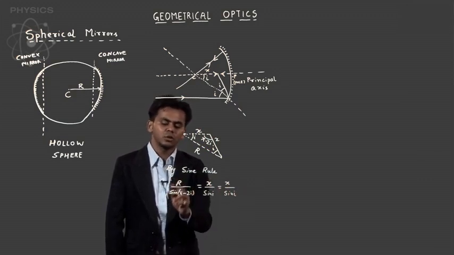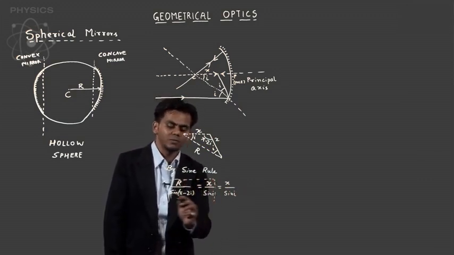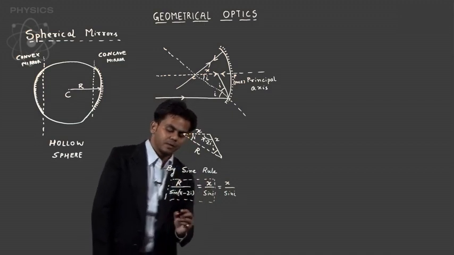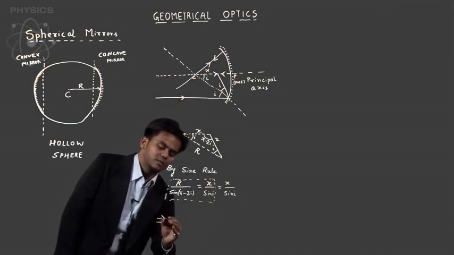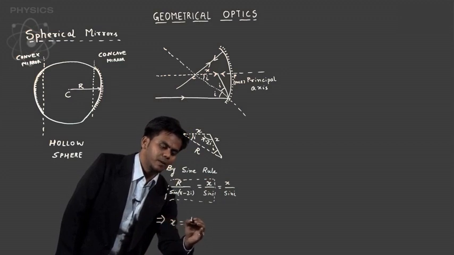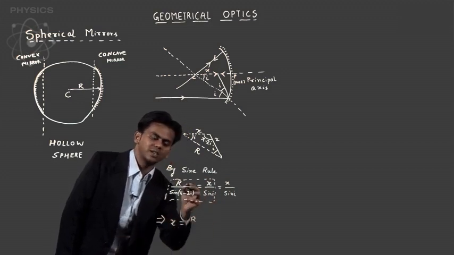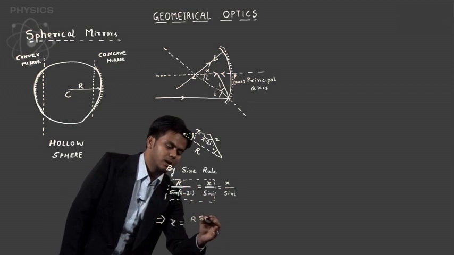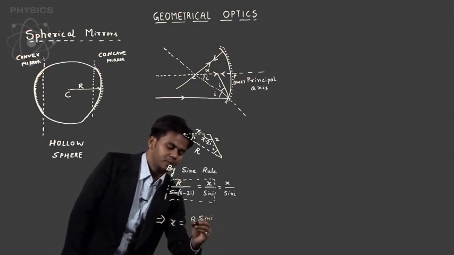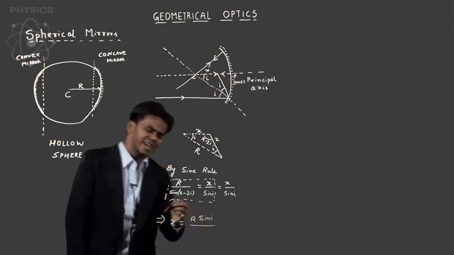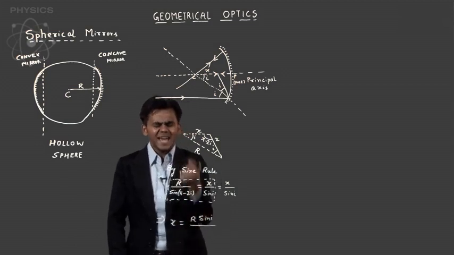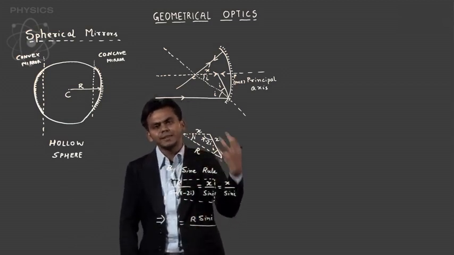So essentially what you have is a relation between R and x. If you carry this out, what you get is x is equal to R sine I upon sine of pi minus 2i. Sine of pi minus theta is equal to sine theta.